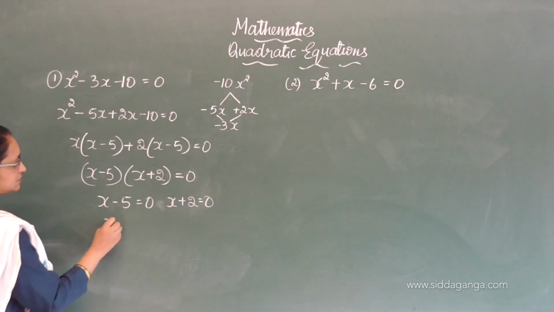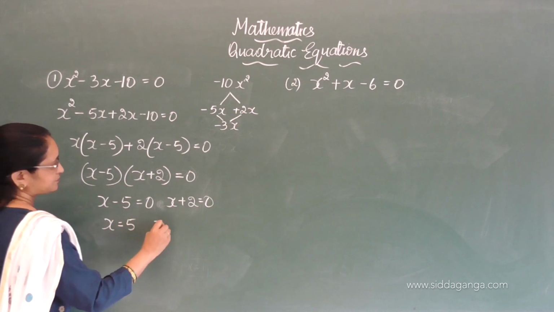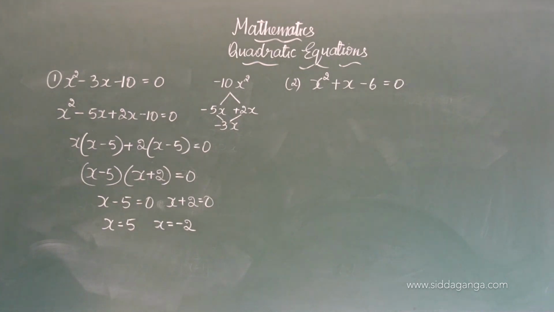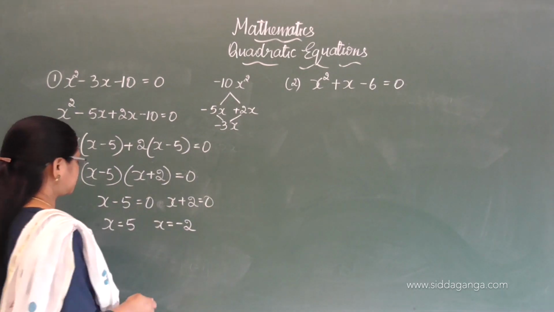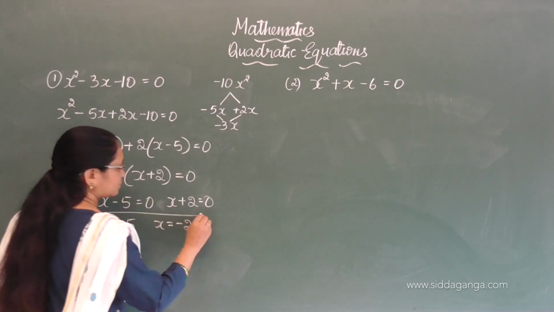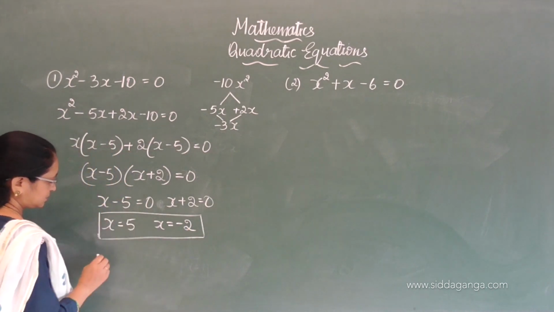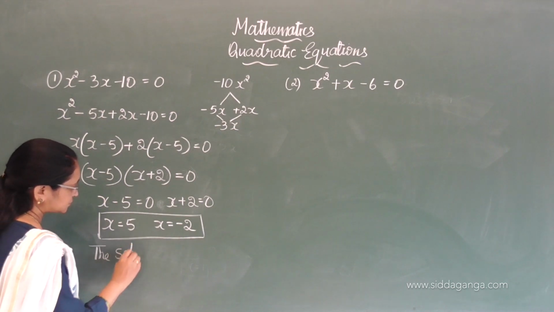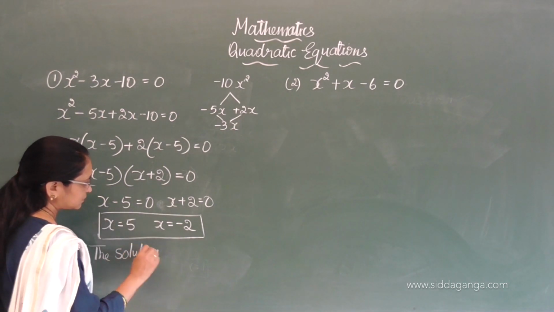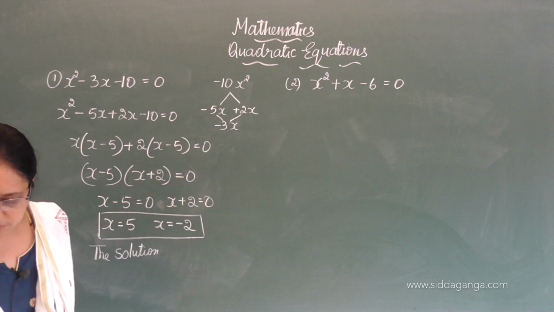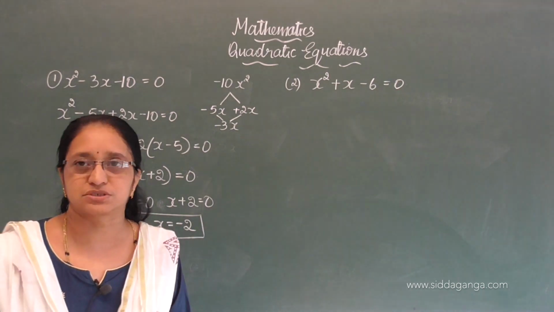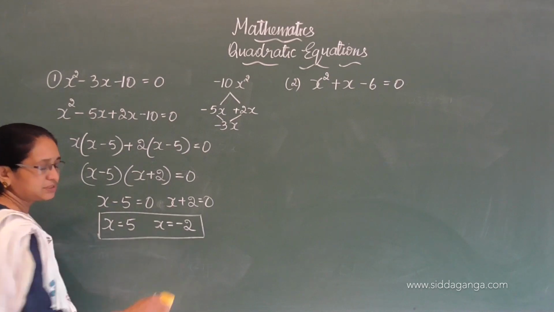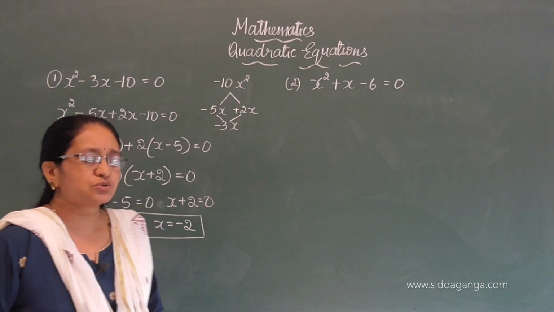So what is the answer? x is equal to 5 and x is equal to minus 2. So here what will you write now? The solution, or what is the question they have given? Find the roots. So better write roots only. I just now told you solution, and we can also call it roots.